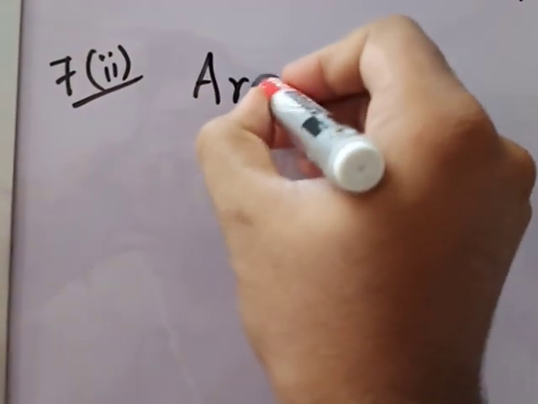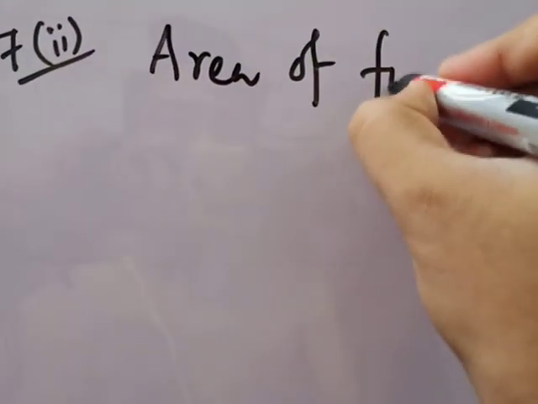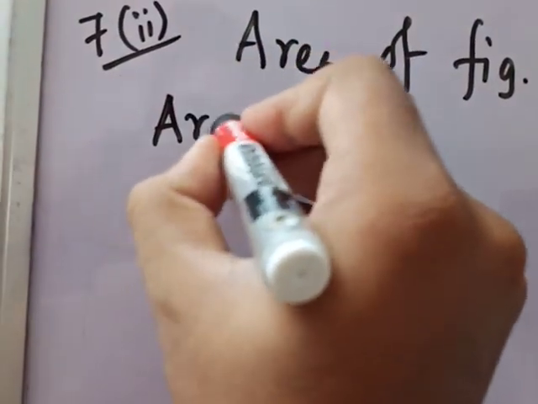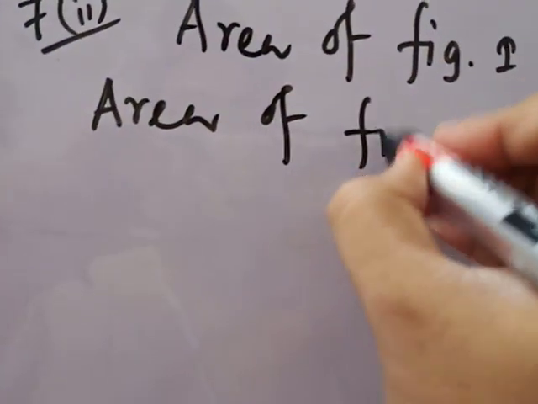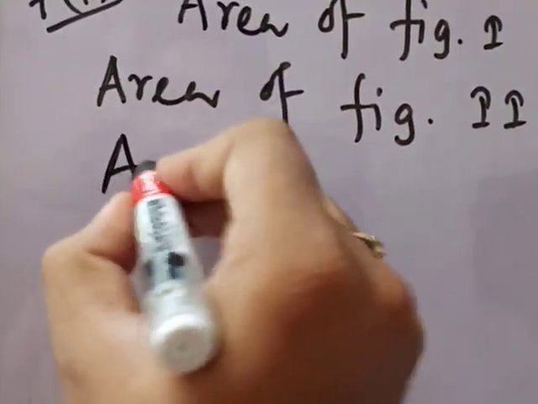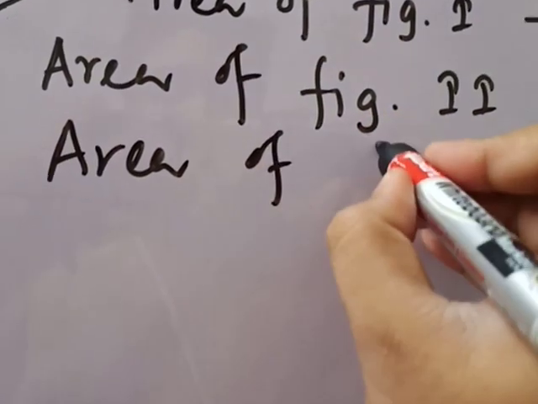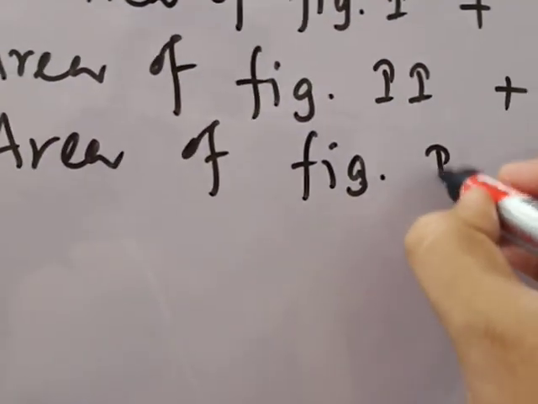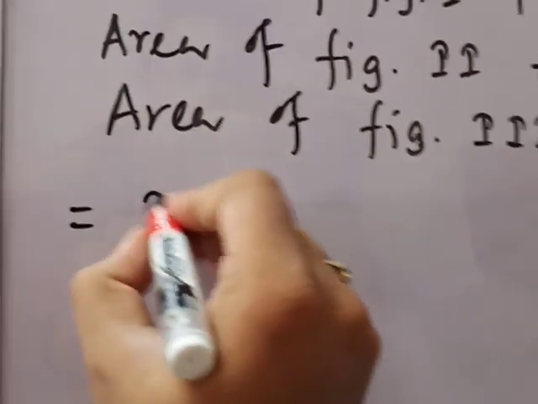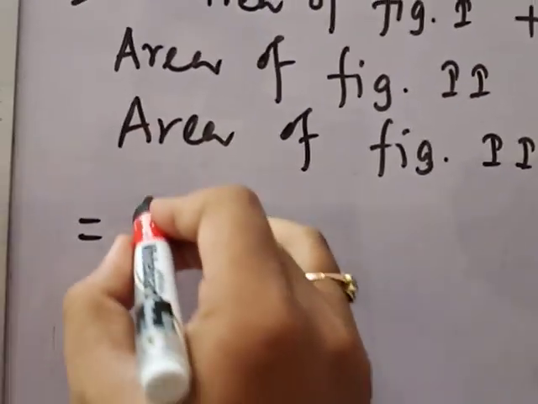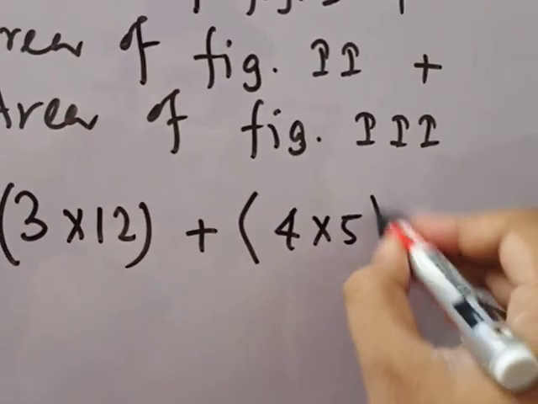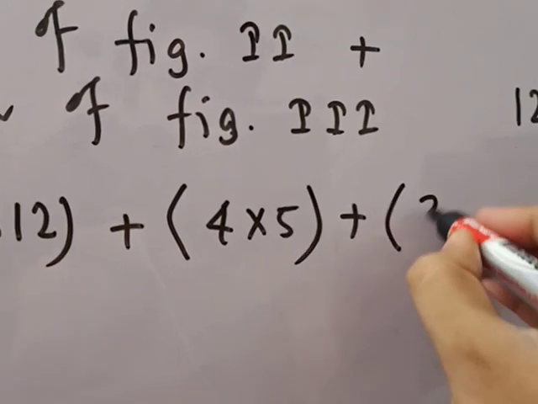So area of figure 1 plus area of figure 2 plus area of figure 3. So 3 into 12 for figure 1, figure 2 is 4 into 5 and figure 3 is 3 into 12.